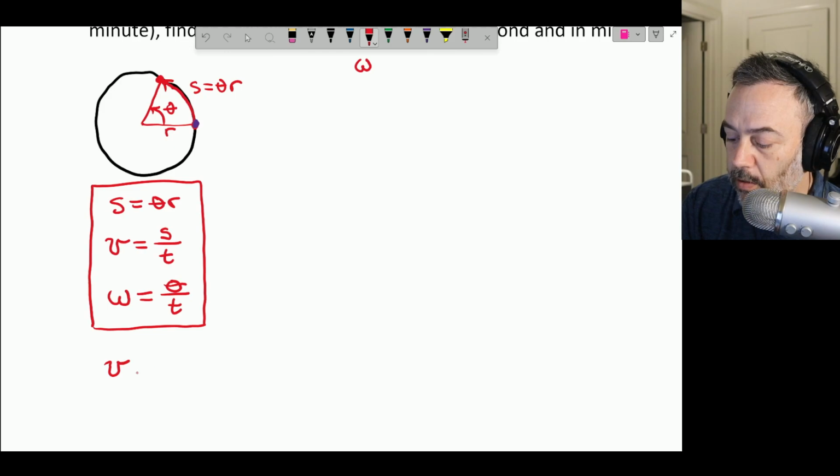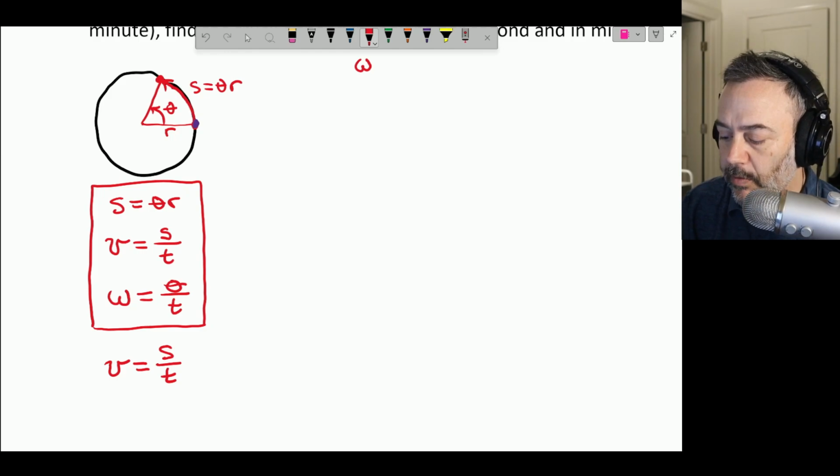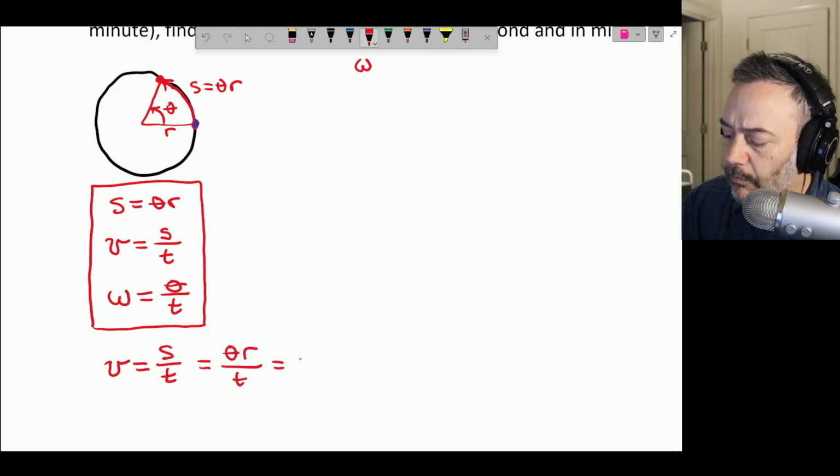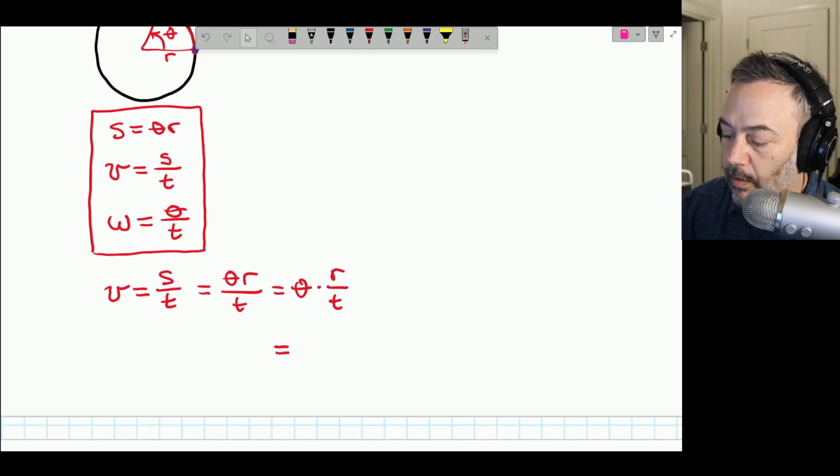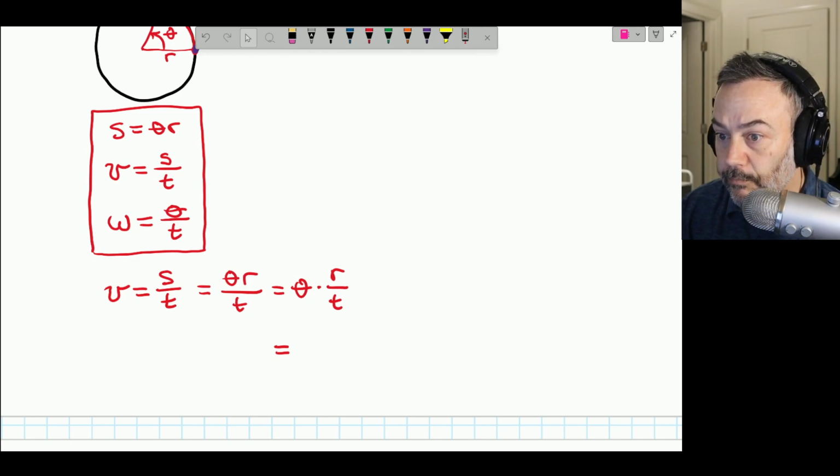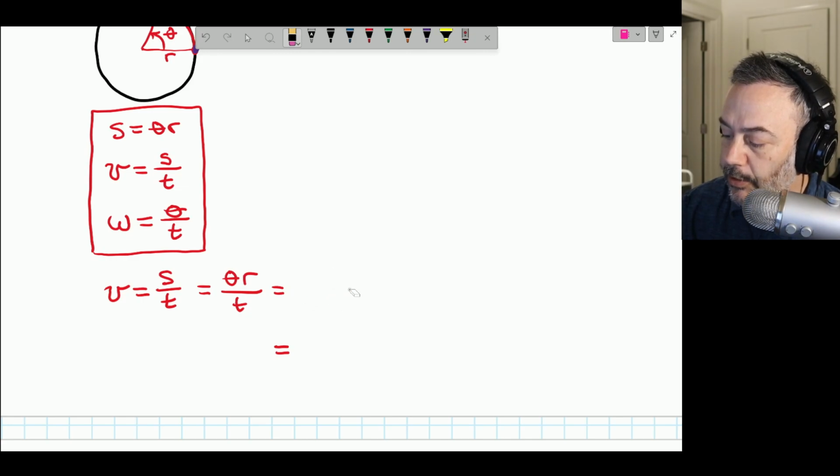We know that the velocity is s over t, but we know that s is theta r. I just realized I actually want to put the r out front and make this r times theta over t.